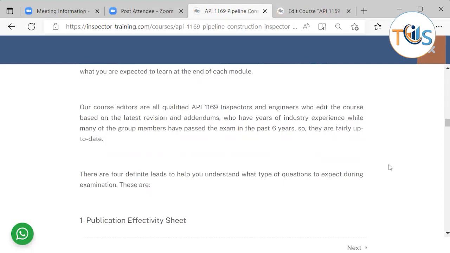Our course editors are all qualified API 1169 inspectors who edit the course based on the latest revision and addendums, who have years of industry experience, while many of the group members have passed the exam in the past 6 years, so they are fairly up to date.